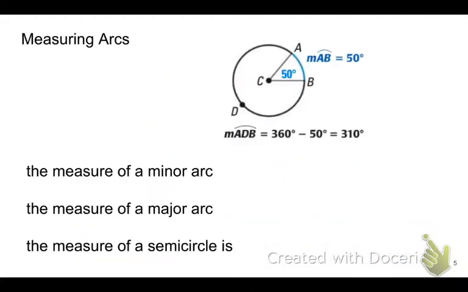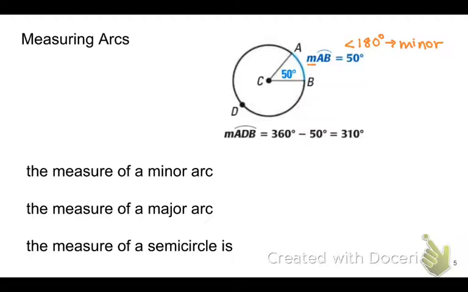Next slide. So, measuring arcs. Very important: when you measure a minor arc, this 50 degrees is less than 180, so it's a minor arc. Notice how we write that.